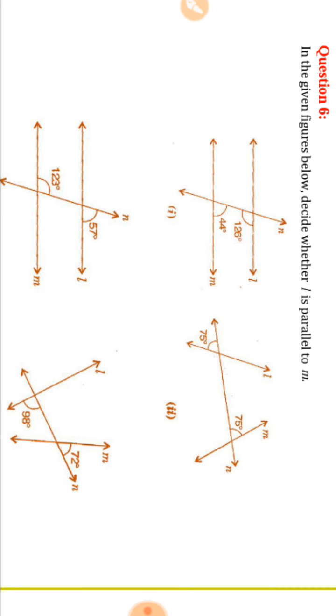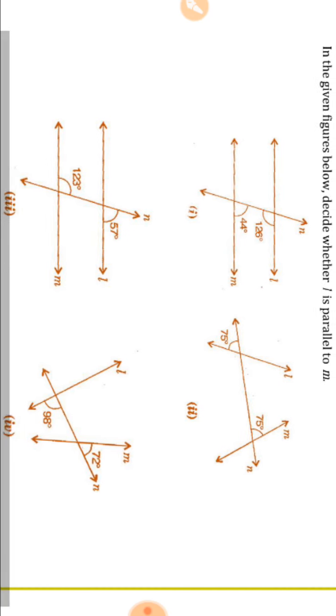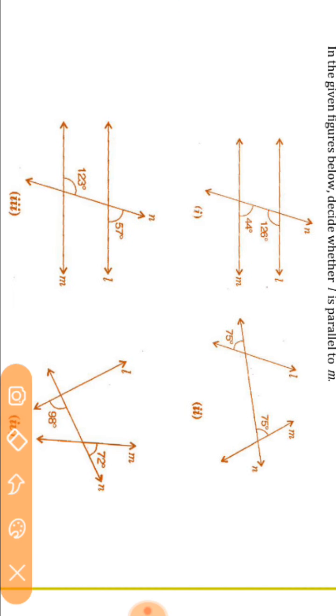But parallel means alternate, corresponding, interior sum, these all we have to show here. Interior sum is supplementary, we have to show. Based on this we can apply, and if those are same then the given lines are parallel, we can say, reverse it is. So in the first condition we can observe the figure, whether these L and M are parallel lines or not we have to check.